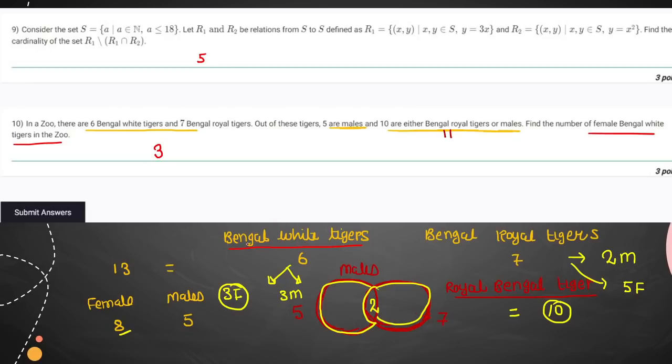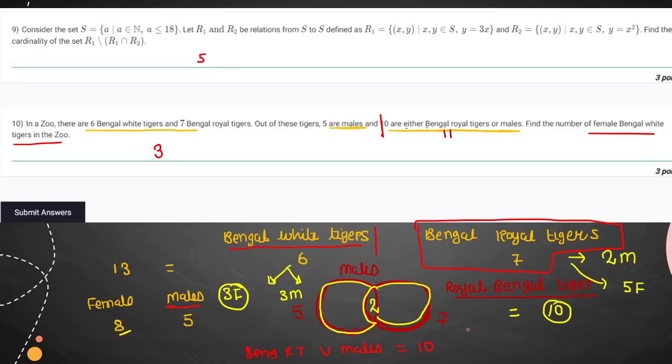Let us understand one more time. In a zoo there are 6 Bengal white tigers, here, and 7 Bengal royal tigers, here. Out of these 13 total tigers, 5 are males, which means 8 will be female. 10 are either Bengal royal tigers or males, so Bengal royal tiger union males is equal to 10.